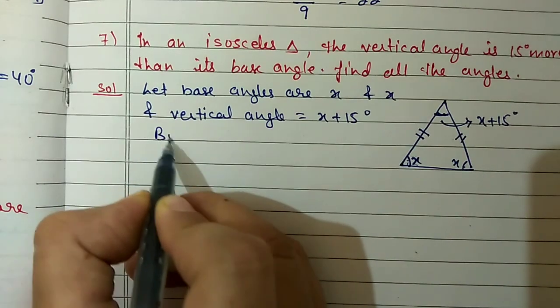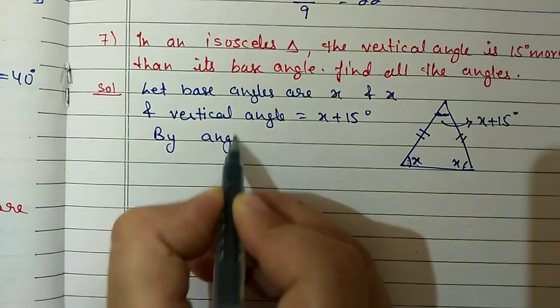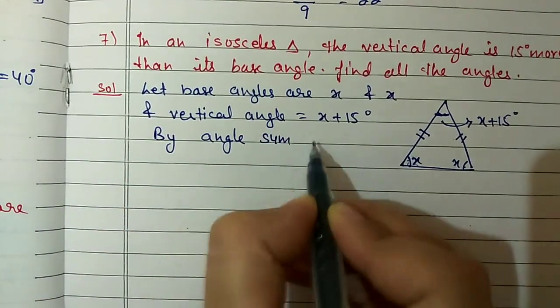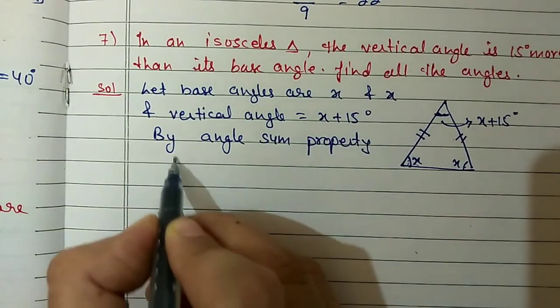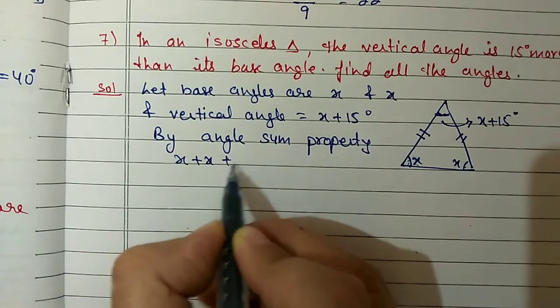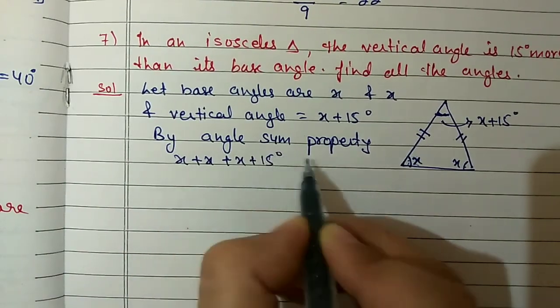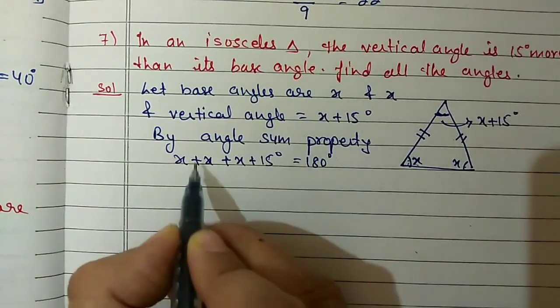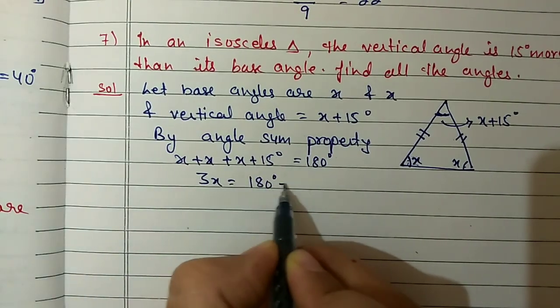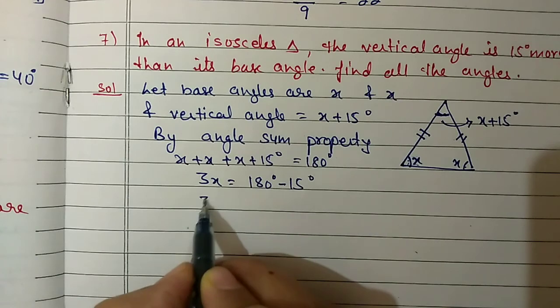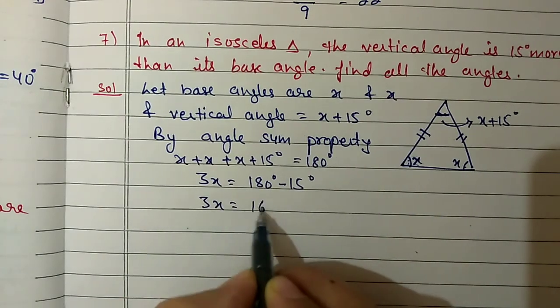So by angle sum property, the sum of all 3 angles, x plus x plus x plus 15, will be equal to 180 degree. So this will become 3x, and 15 we shift to the other side. 3x is equal to 165.